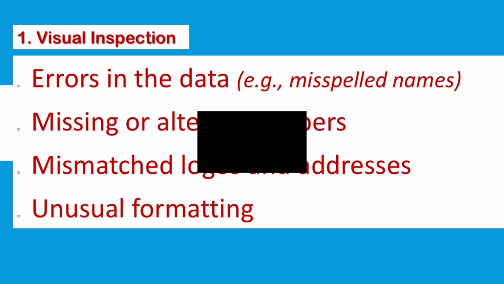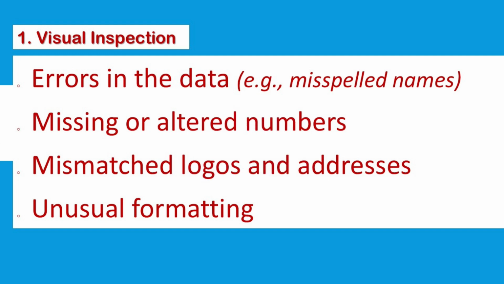In this visual inspection, we are going to use our unaided eyes to scan through the document and try as much as possible to take note of the following. Number one, we try to see if there's any error in the data entry.